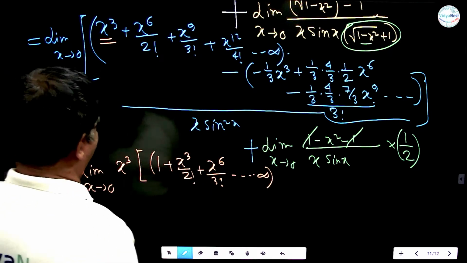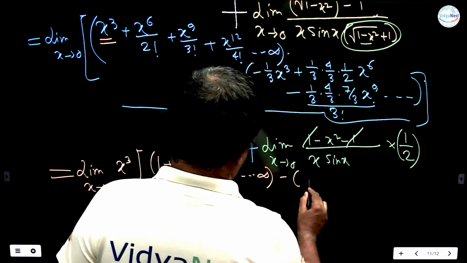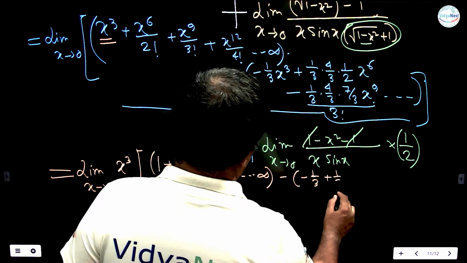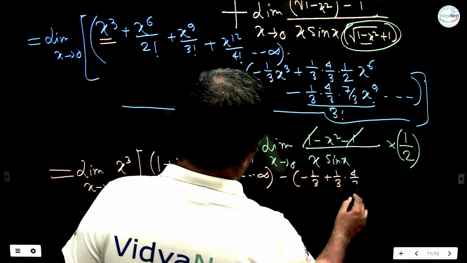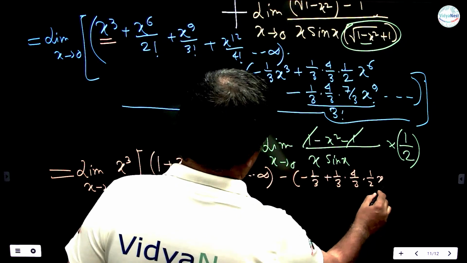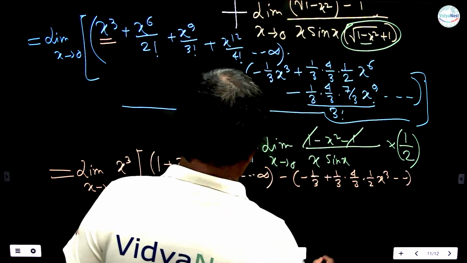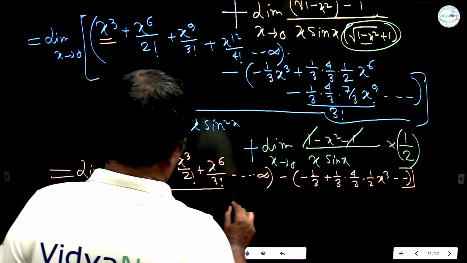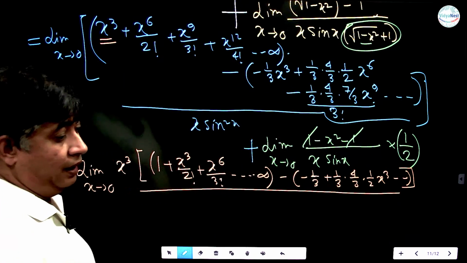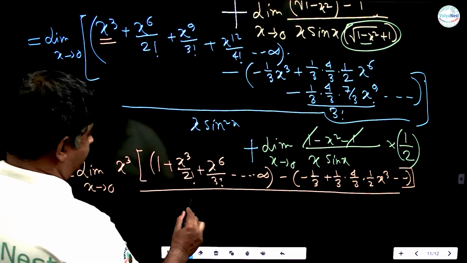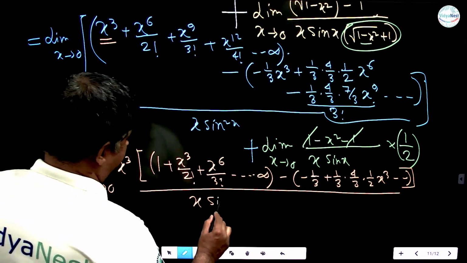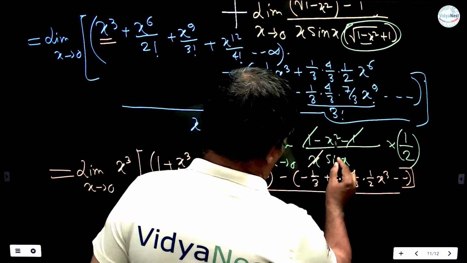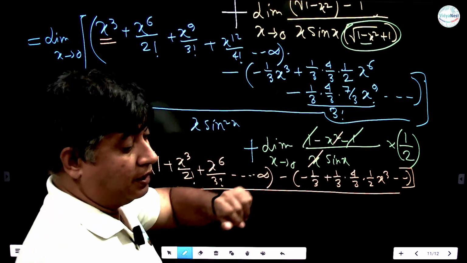And in second bracket, by x sine x. Here you see 1x will get cancelled and you will get the formula.